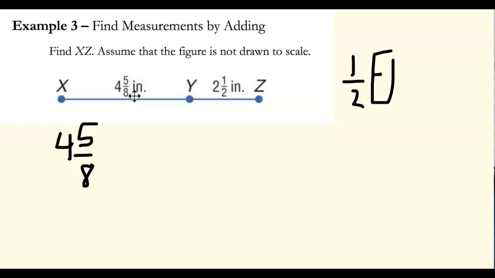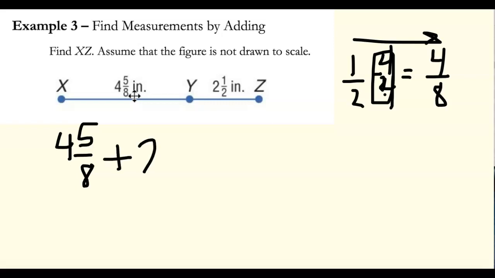So I use this thing called a big 1, and I make this an 8, and then I just have to think, okay, well, what do I multiply 2 by to get 8? And that number would be 4. So we would have a 4 on the top and a 4 on the bottom, and then now we just multiply across. So we're going to be adding these numbers, plus 2 and 4/8.